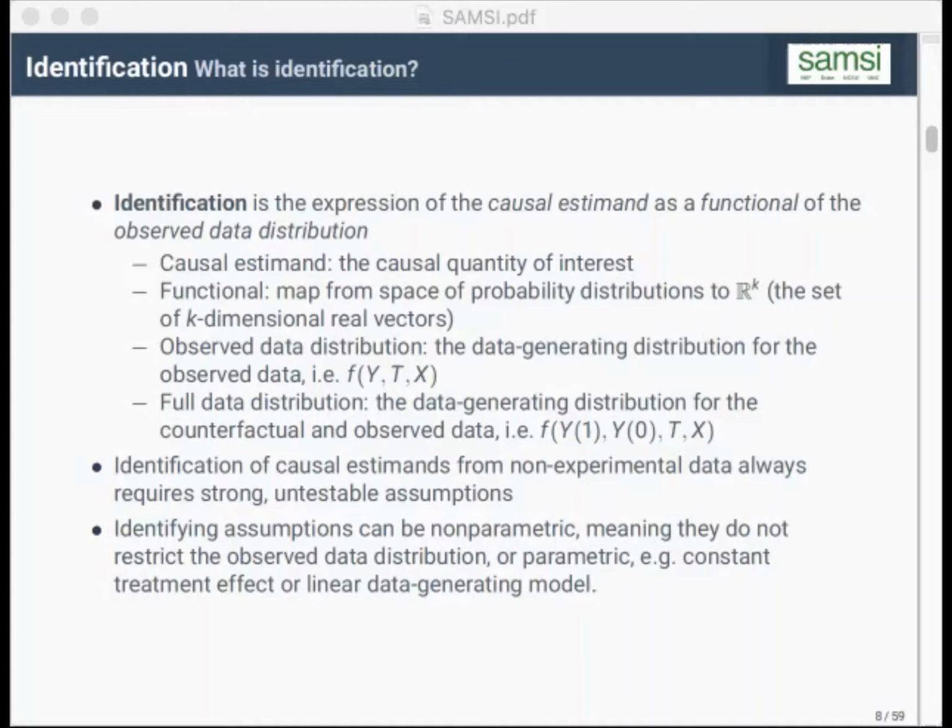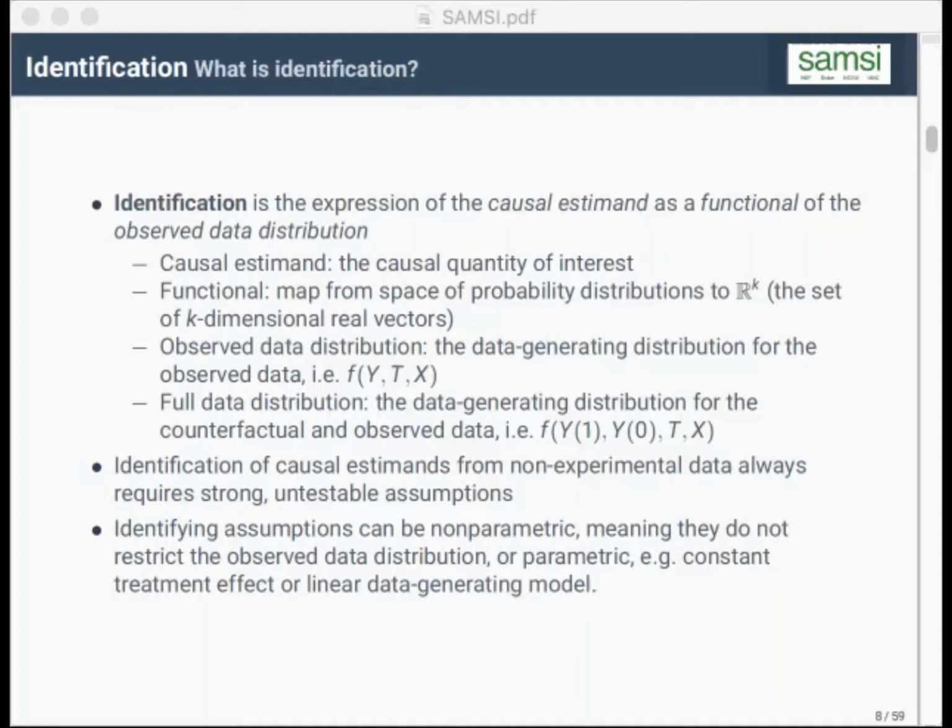The observed data distribution is the data generating distribution for the data that we can actually observe. This is the outcome, the treatment, and possibly some covariates X. In contrast to the full data distribution, which is the data generating distribution for both the observed data and the counterfactual or potential outcomes. So it's the distribution of y1, y0, treatment, and covariates.